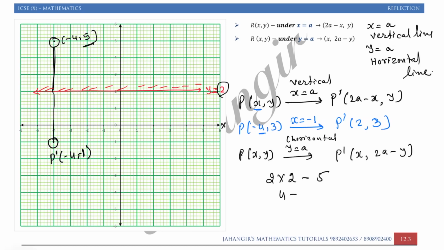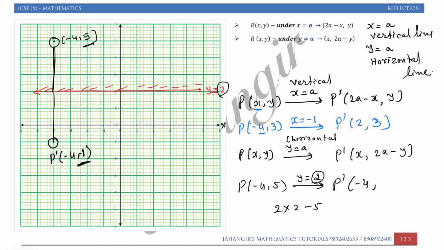So 2 to the 4 minus 5, that is -1. If you will see, you are getting -1 as y coordinate. The same thing I can take over here. When P -4 comma 5, when reflected in y is equal to 2, P dash will become x coordinate will remain same, y coordinate will be 2 into this is a minus 5, that is equal to -1. So this you will get as -1.